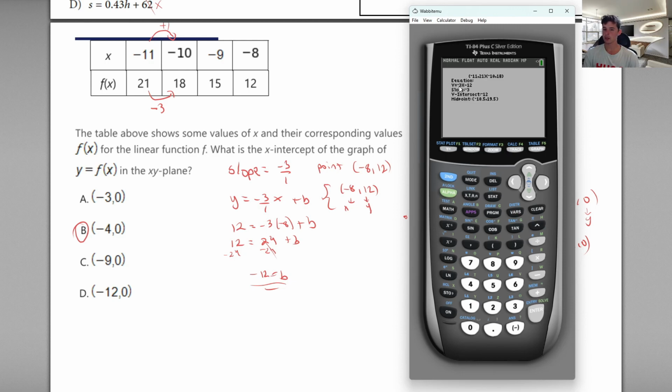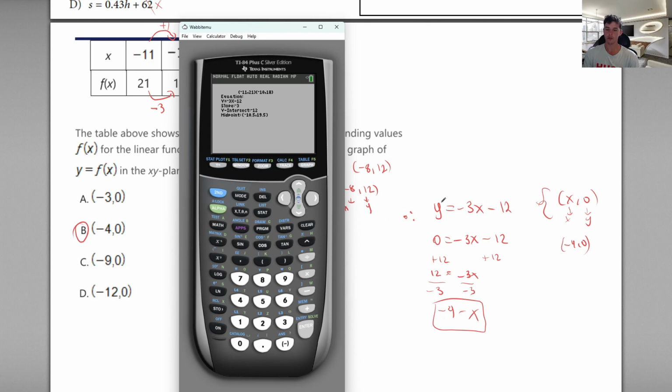The program is going to give us the equation y equals negative 3x minus 12, which is what we found. And then from here, you can just plug in 0 for y and find the value of x when y equals 0, and then we can find the x-intercept, negative 4, 0. Very easy, very straightforward, okay?